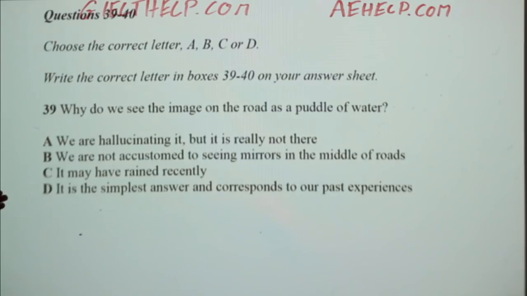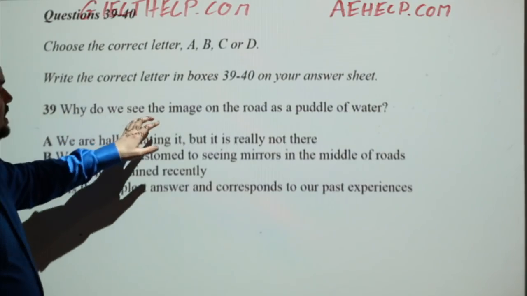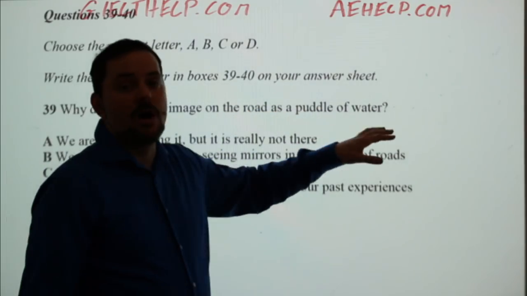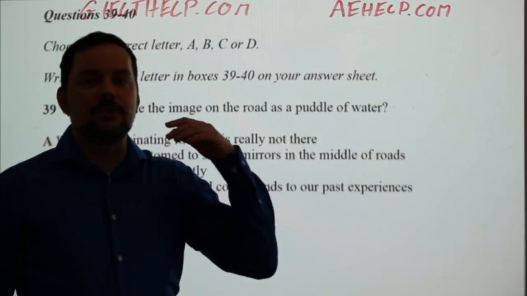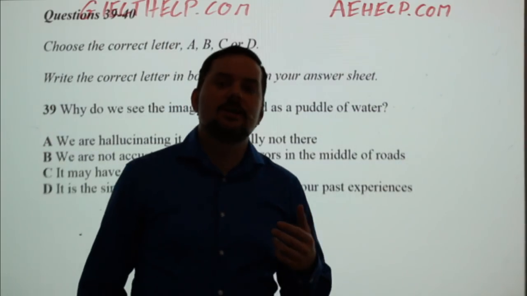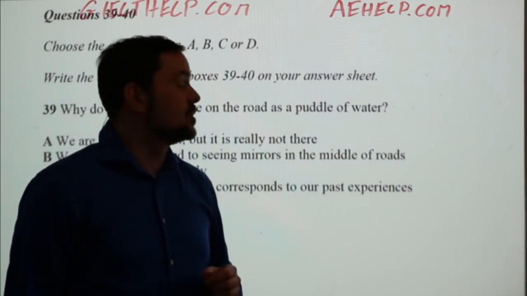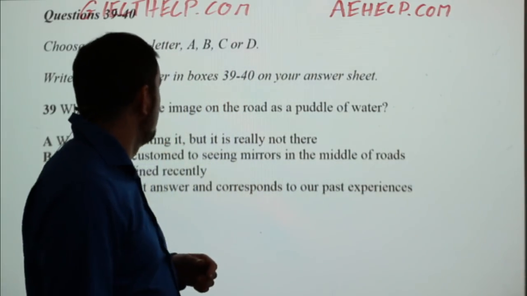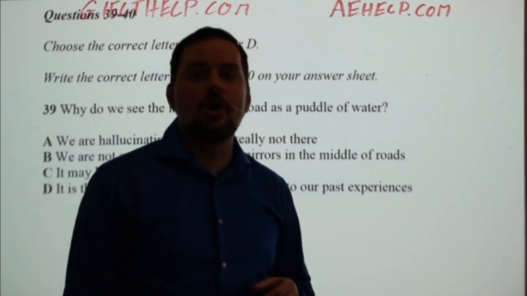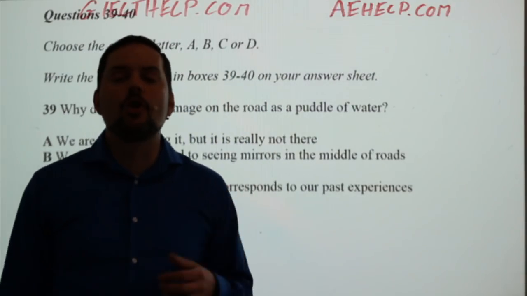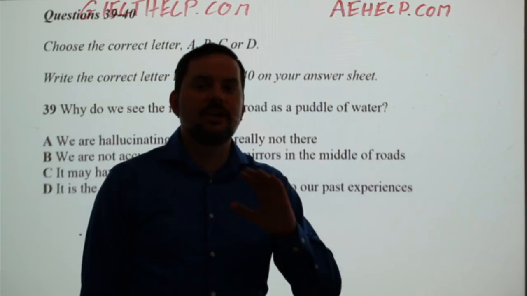For box 39, why do we see the image on the road as a puddle of water? The strategy here is to think about the answer before looking at the choices. So I want you to answer that in your own words.